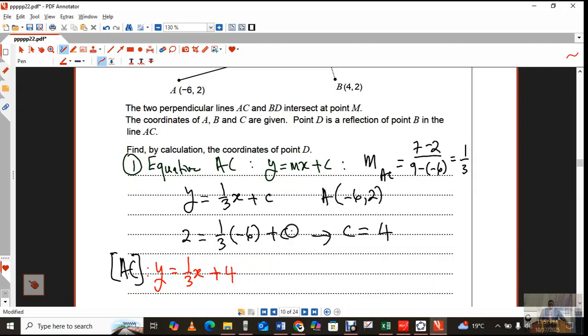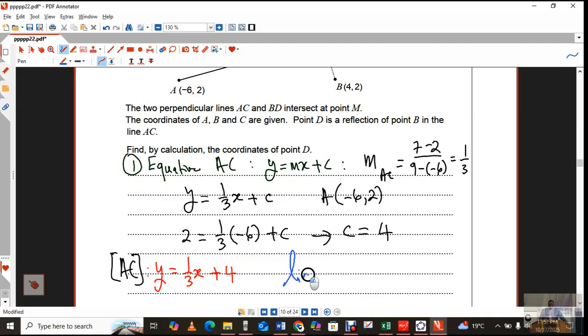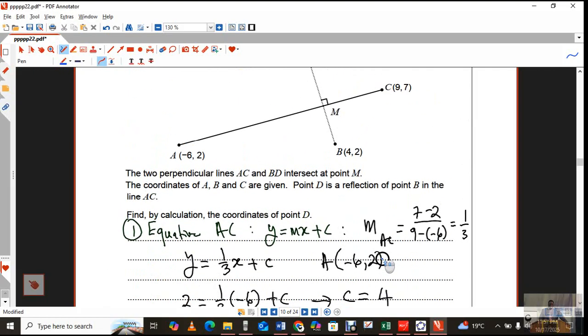Very important. Now I'm going to do line BD. What I need to know, and it's very important, is that the two lines are perpendicular.